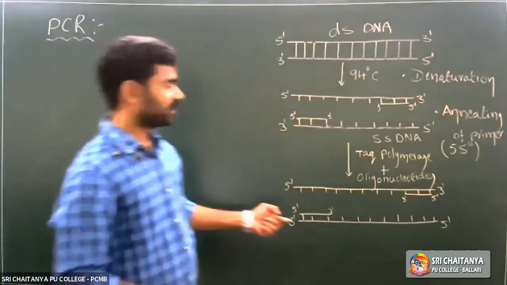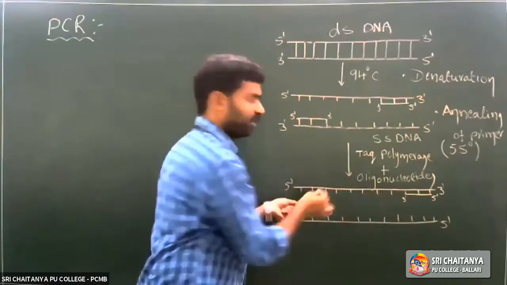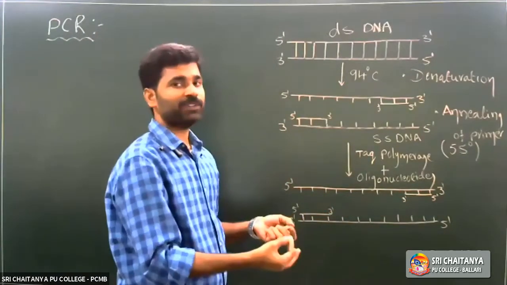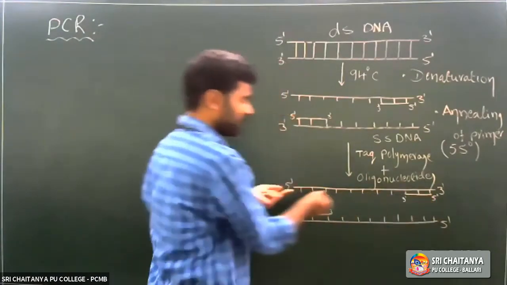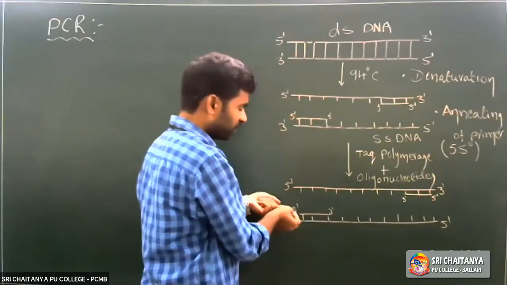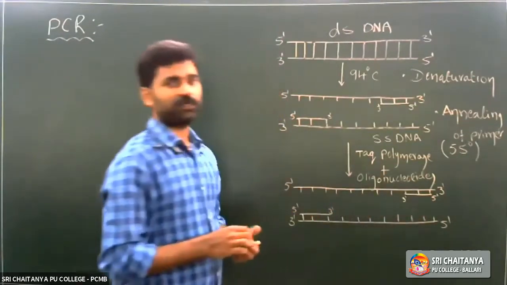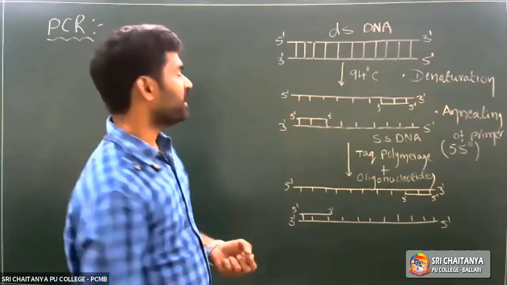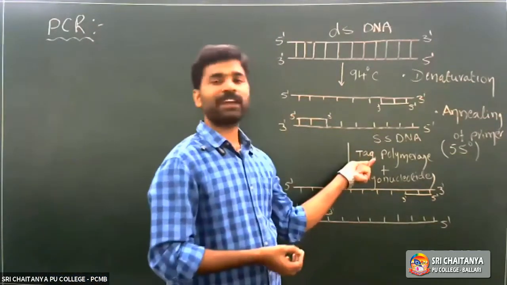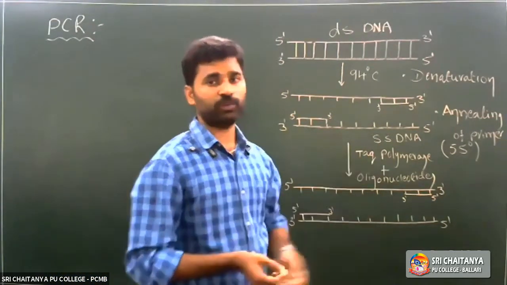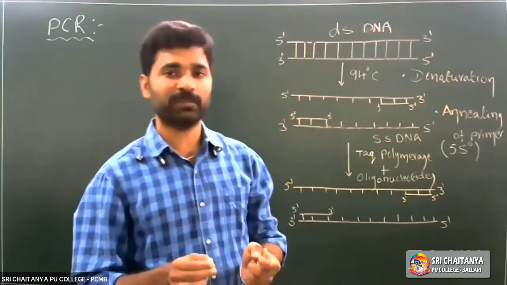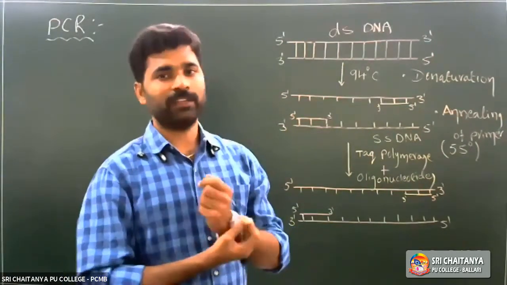But in the third step, in extension of primers, in which way are the primers extended? In 5 prime to 3 prime direction only. But how are they extended? By one of the enzymes, that is Taq polymerase enzyme. Already I told you, Taq polymerase enzyme is nothing but DNA polymerase enzyme.